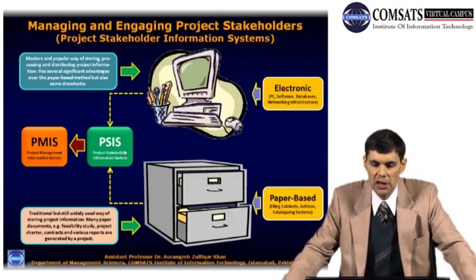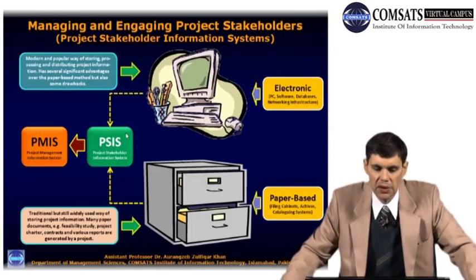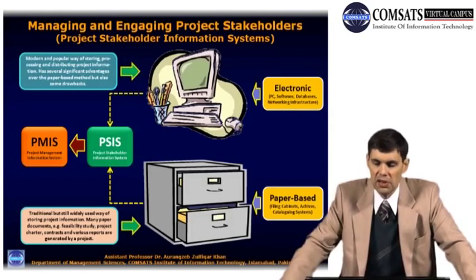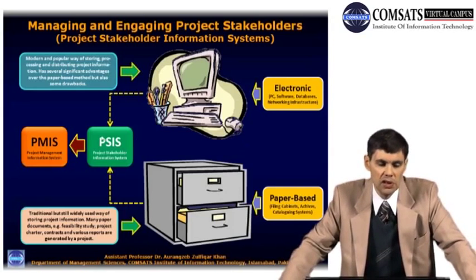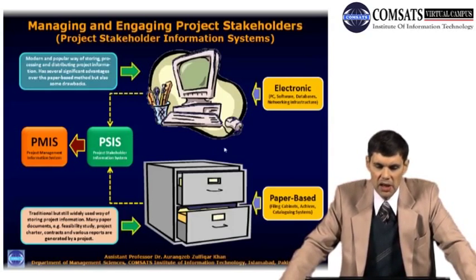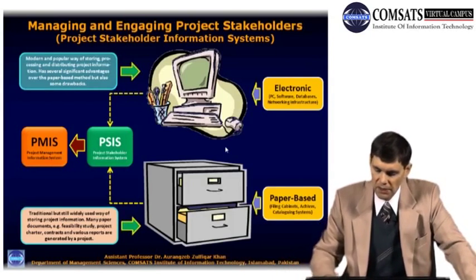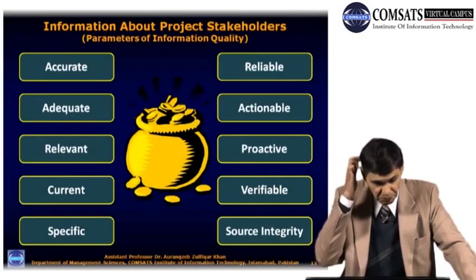All this can come here in this system, along with other important things like ethics guidelines, laws, regulations, policies, strategies, case studies as a reference, for instance. All these things you could expect to find under a project stakeholder information system.